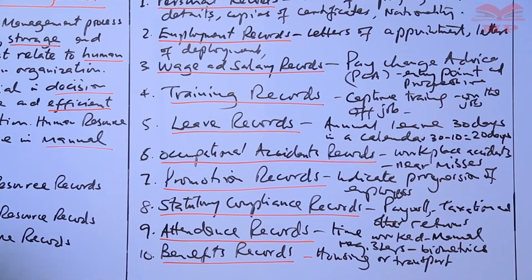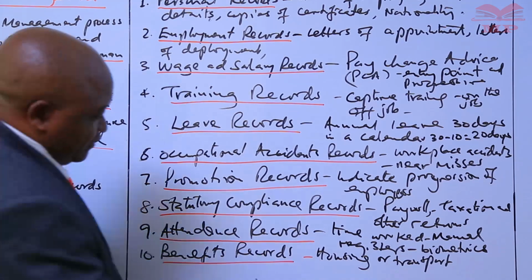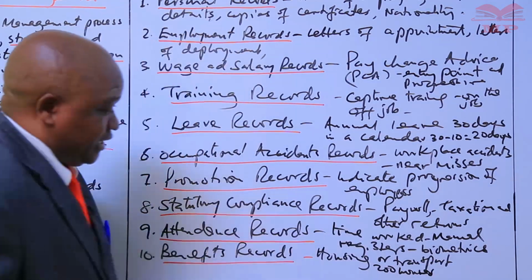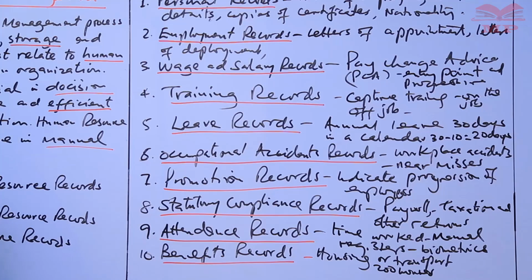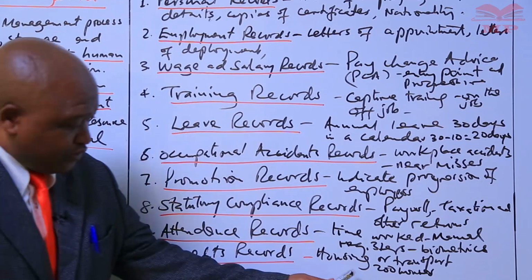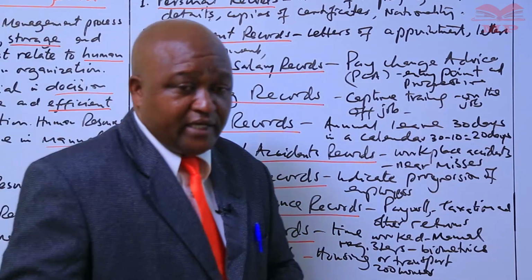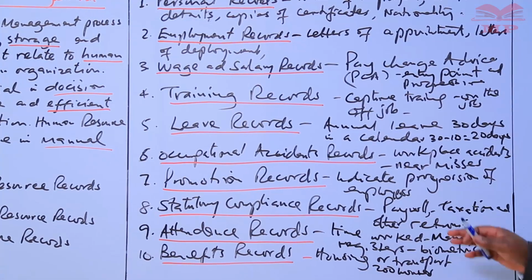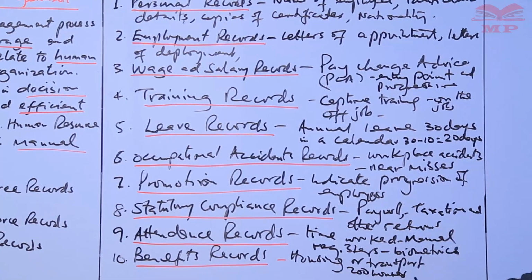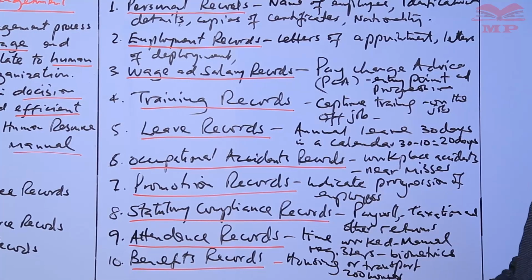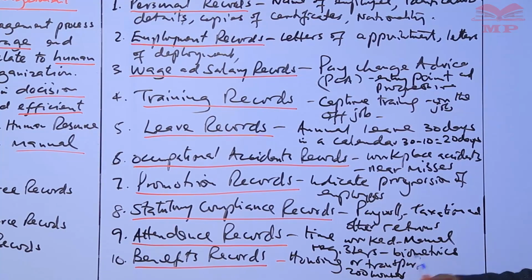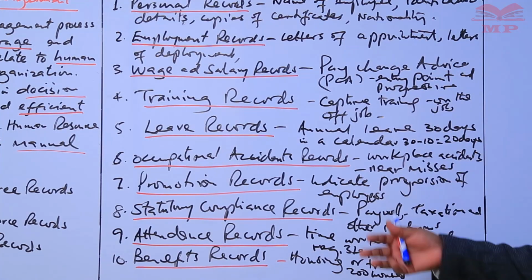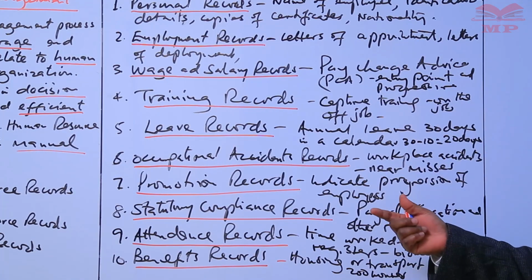So you may have benefits records indicating that if the organization has, for example, 200 houses where they have housed their employees, then the benefits record says, for the purpose of housing, these 200 houses have been allocated to our employees, and these are the employees staying in those particular houses, as a record to be able to know, manage and make decisions when it comes to reallocation, among other issues, for purposes of fairness and so on. So these are just some of the types of records that may be maintained regarding human resources.